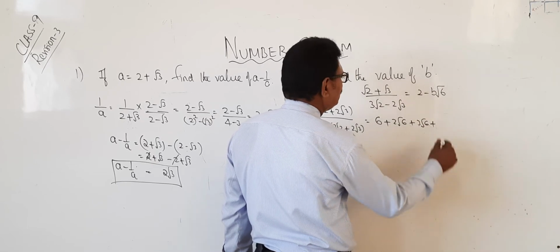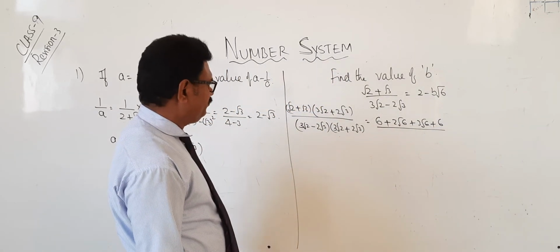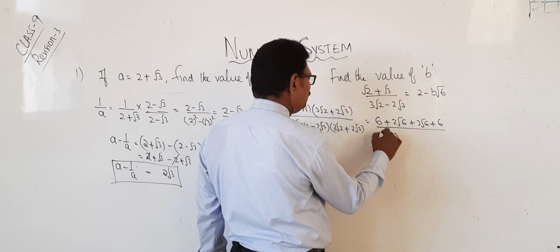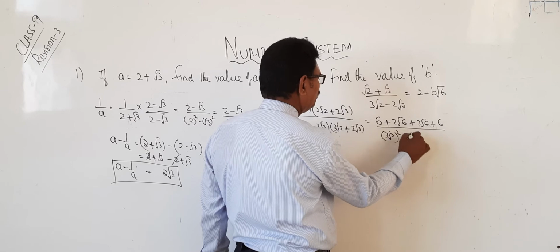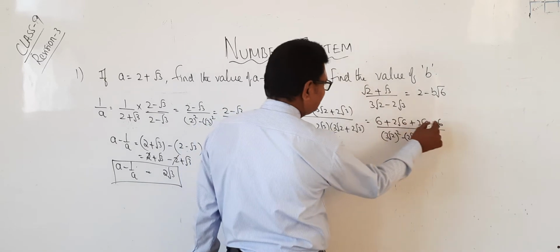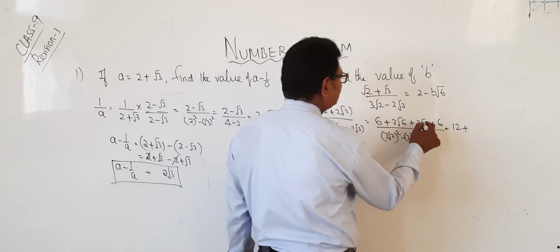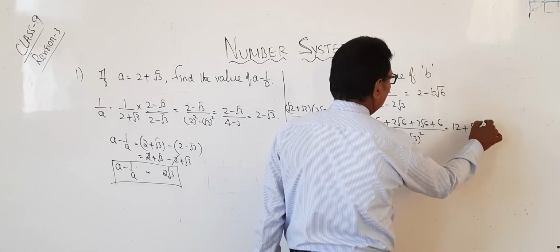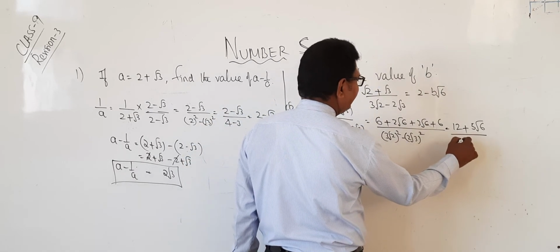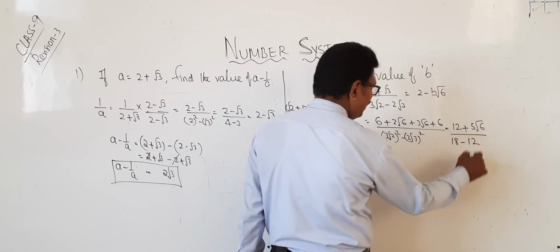Plus 2 into 3 is again 6, divided by (3 root 2) whole square minus (2 root 3) whole square. Now 6 plus 6, 12, plus 2 root 6, 3 root 6, total 5 root 6. Divided by 3 square is 9, 9 to the 18, minus 2 to the 4, 4 to the 12.